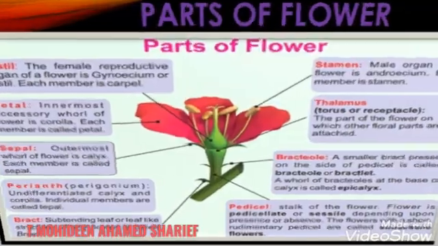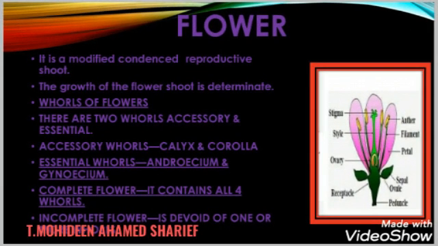So generally there are two whorls, accessory and essential.